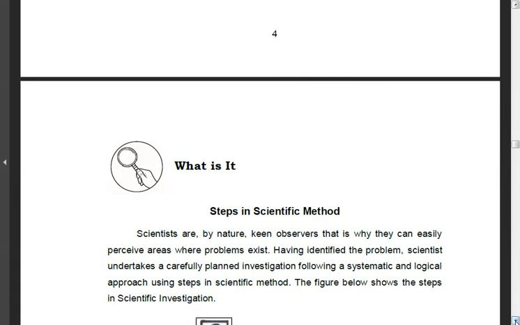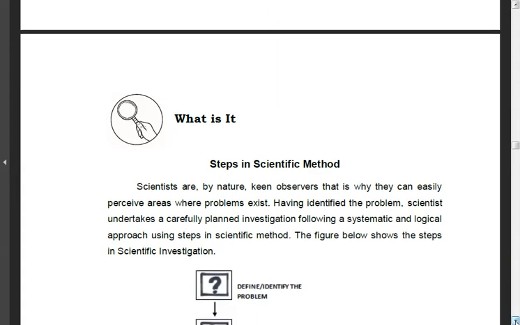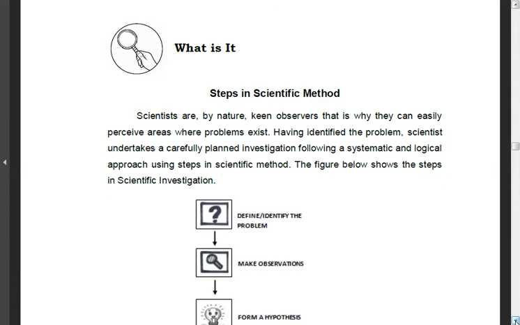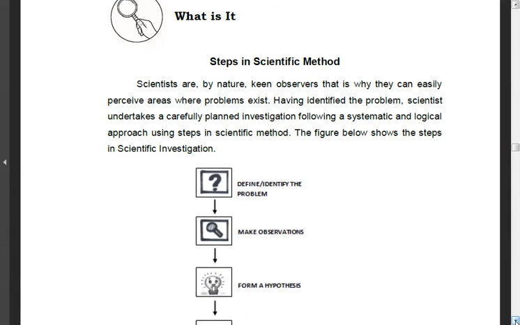After doing that activity, you will now go to the steps in the scientific method. Here, you'll learn the steps that scientists take to find the answer in their investigation.